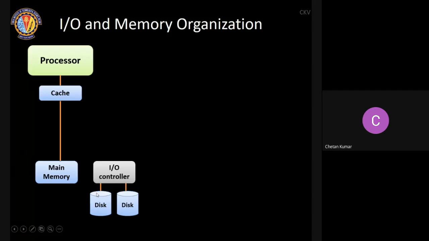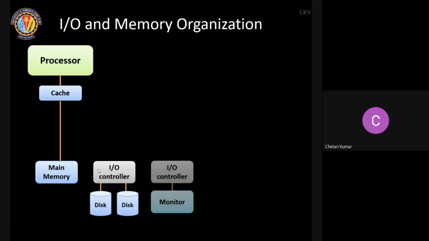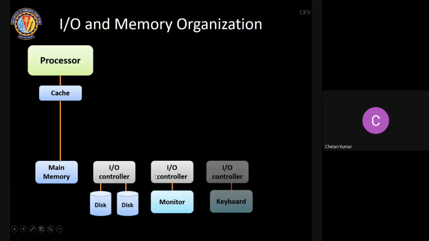Normally secondary memory is treated as an I/O, and you have a separate I/O controller which takes care of the communication between the processor and the secondary memory. Then you might have other I/O units like your monitor for viewing and your keyboard for entering information into the computer. And nowadays, with mobile devices, we talk about touch and voice assistants, all of which is basically a kind of I/O.